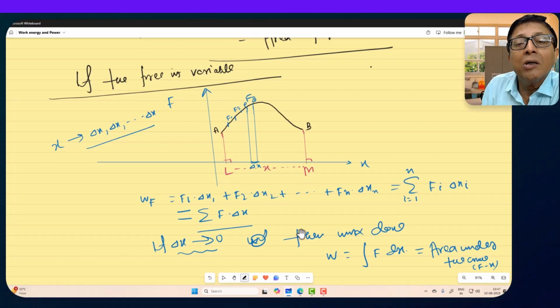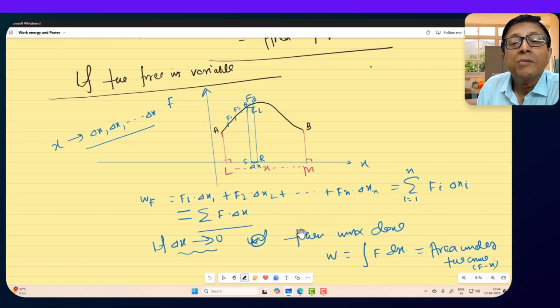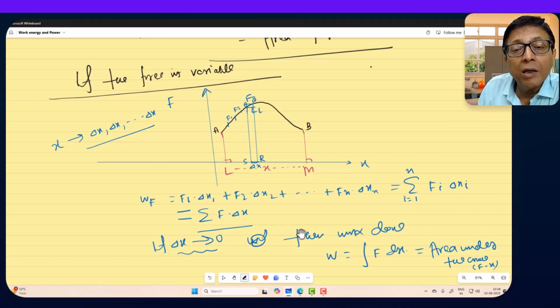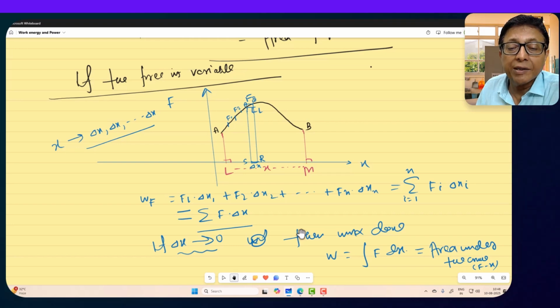For very small delta x, consider the inner rectangle PLRS and the outer rectangle. There is no difference between the area bounded by the curve, the inner rectangle, or the outer rectangle.